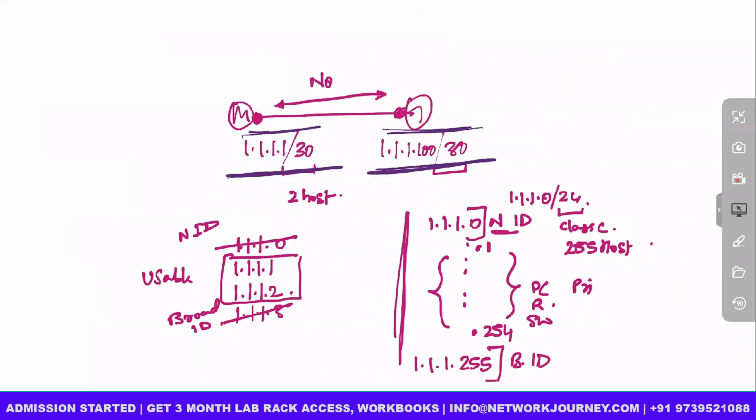Where is it falling, and will they talk to each other? Are they in the same network? Yeah, definitely. It is class C. But are they in the same subnet? No, they are not in the same subnet.